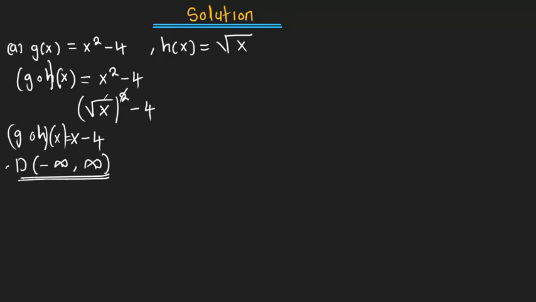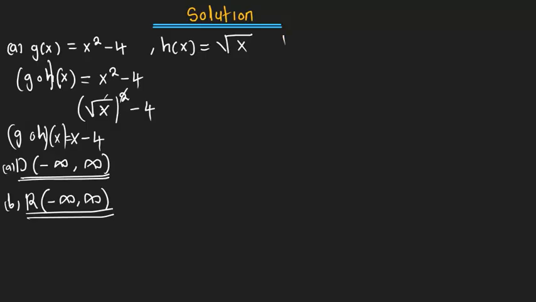Okay? What about its range? The range for a polynomial function of this particular type is also going to come all the way from negative infinity to positive infinity. Okay, so that is just how you solve the first one.